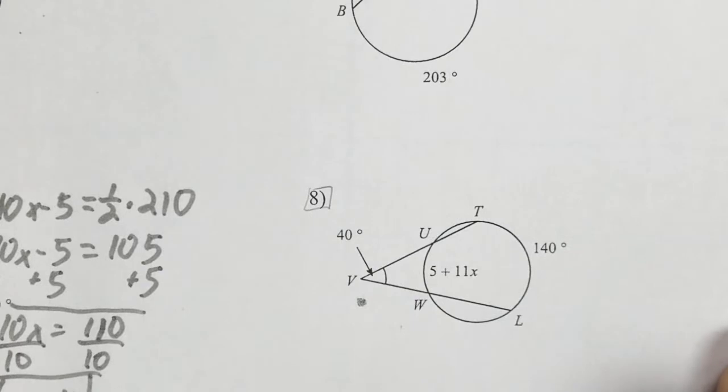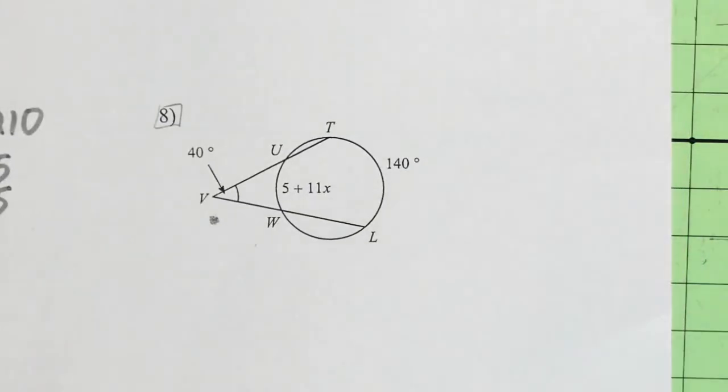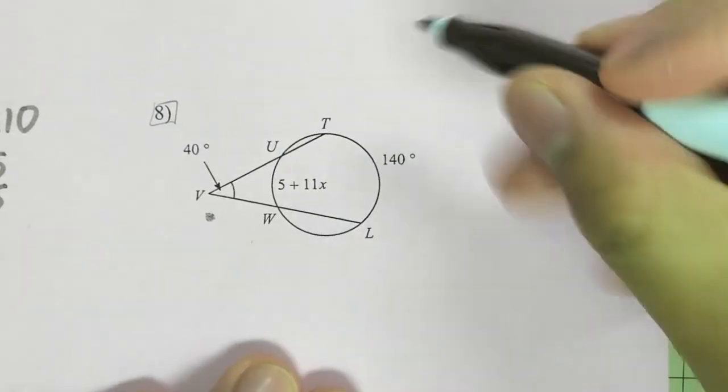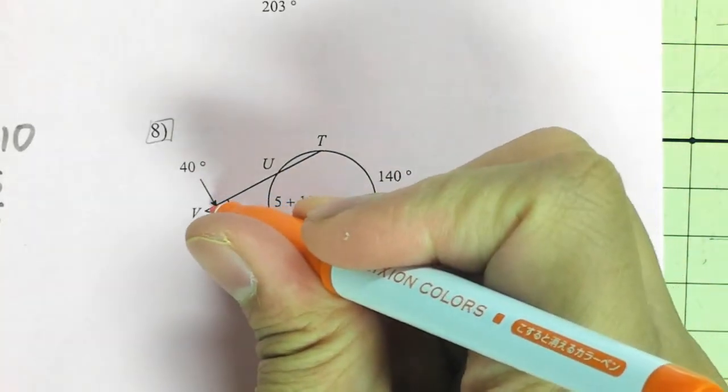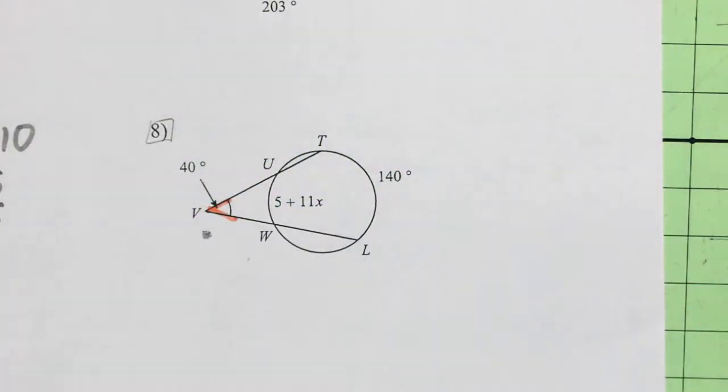Now let's take a look at secant lines and tangent lines. Number 8. So we have that formula given to us earlier of how right here is my angle in orange.